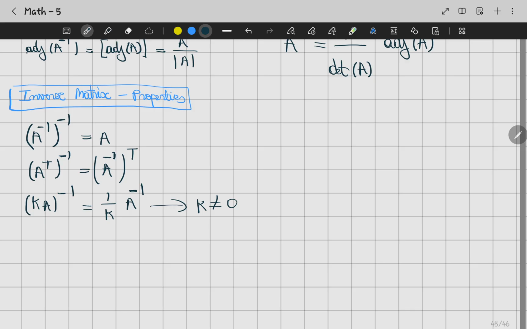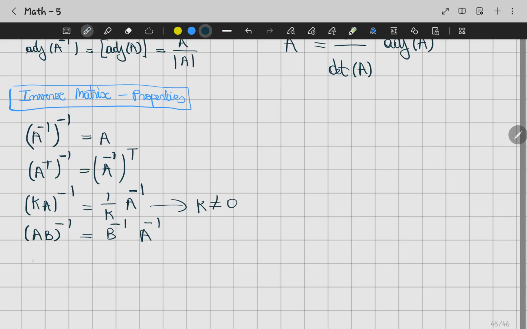Okay, so now let's see another property. So this one is A times B. When we have two matrices to the power of inverse, so this is what we get.